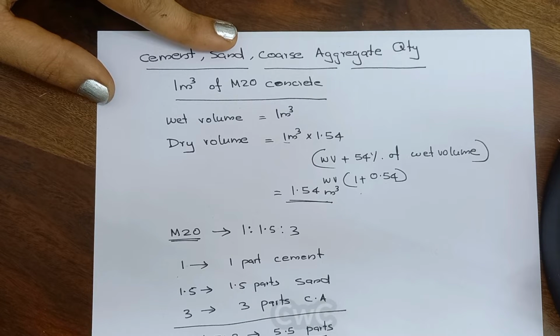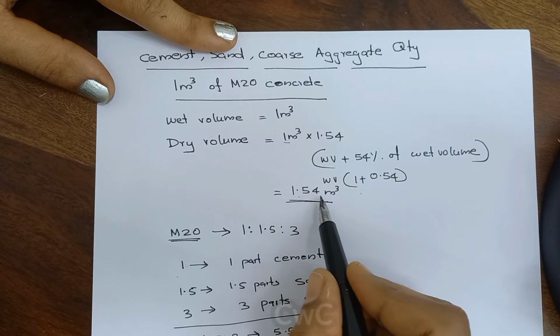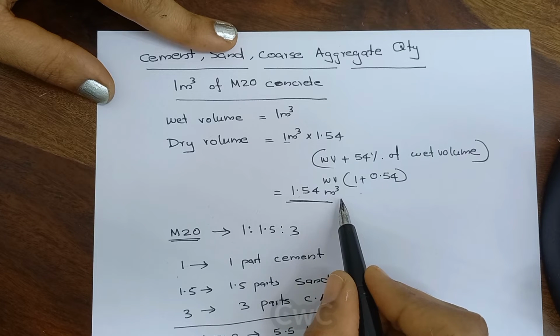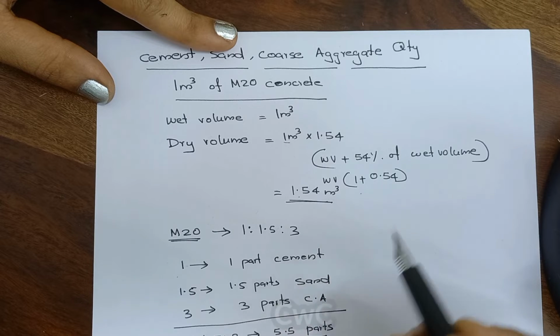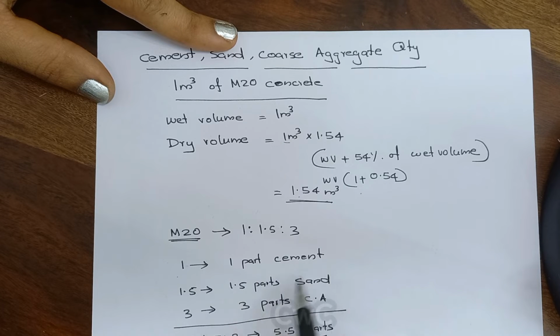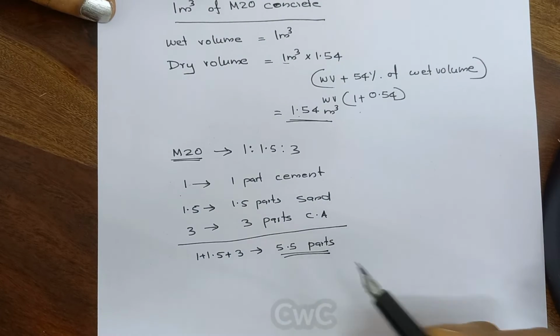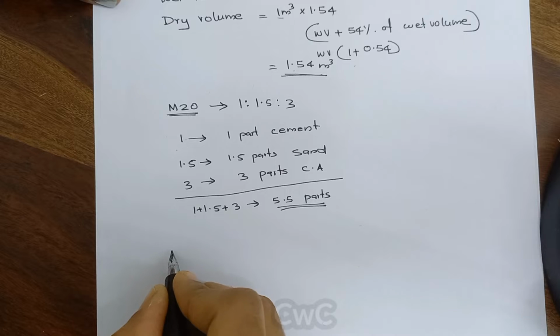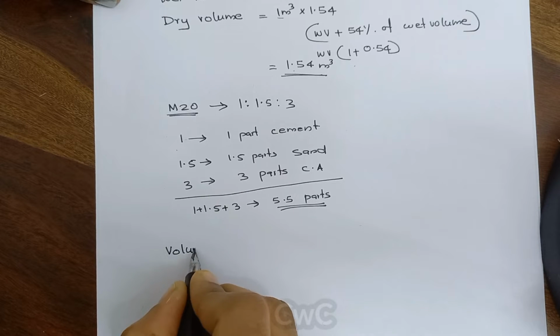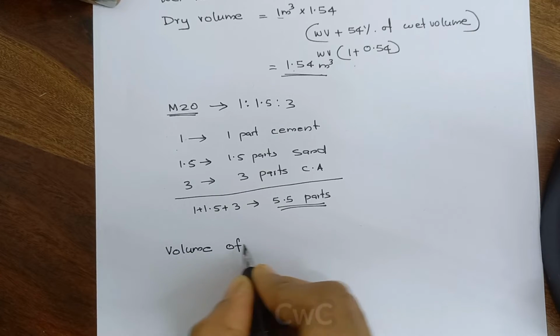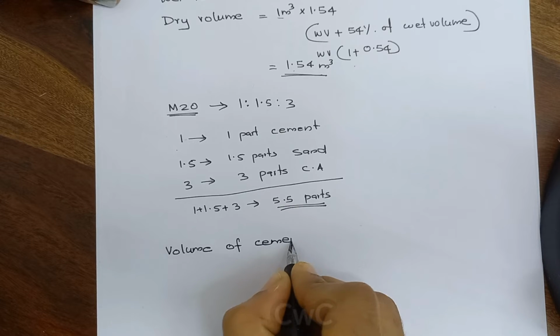So in 1.54 meter cube dry volume of concrete, 5.5 parts of dry ingredients are there, in which 1 part is cement, 1.5 parts are sand and 3 parts are coarse aggregate. Now let's see how to calculate the volume of each ingredient. First, volume of cement.